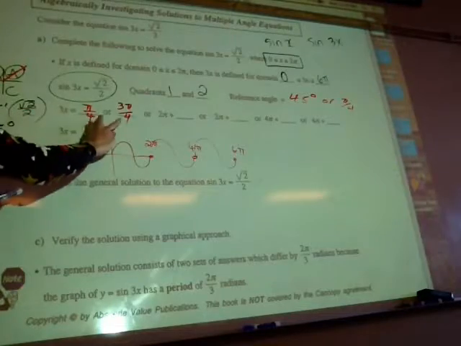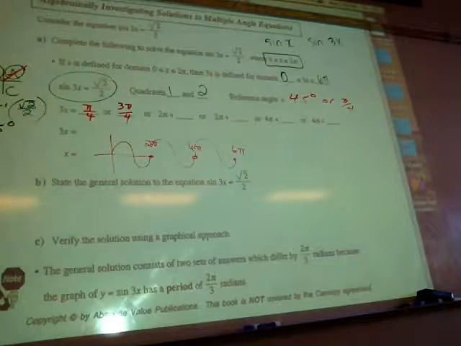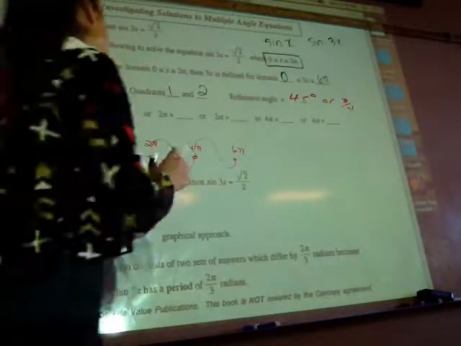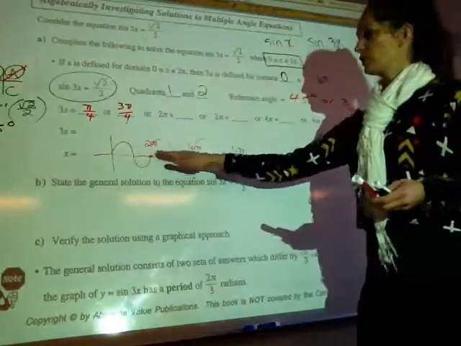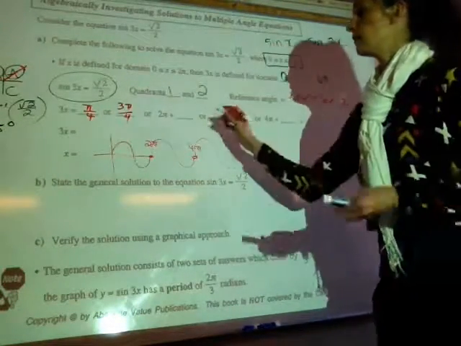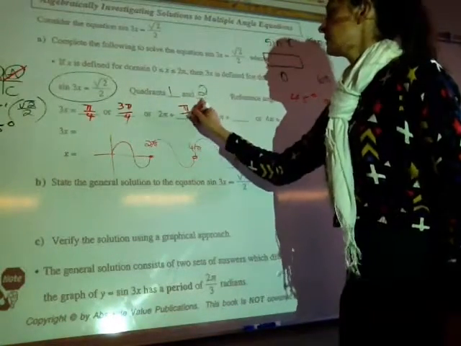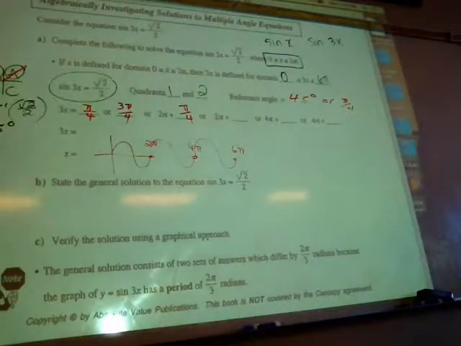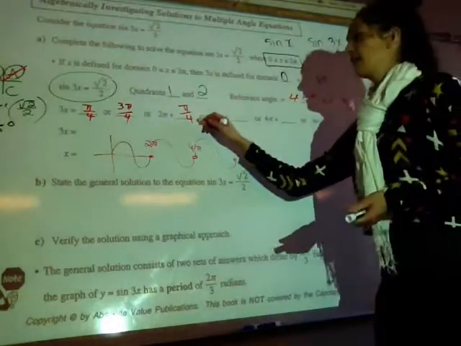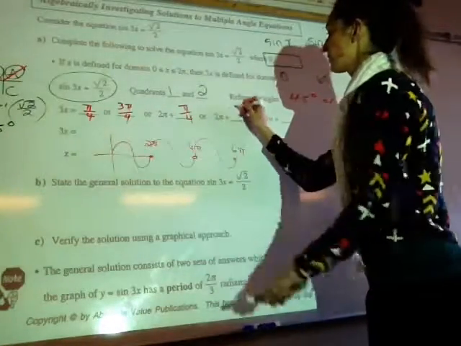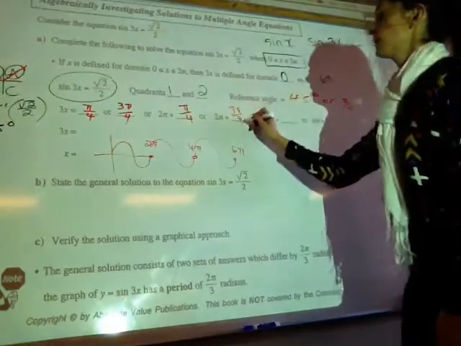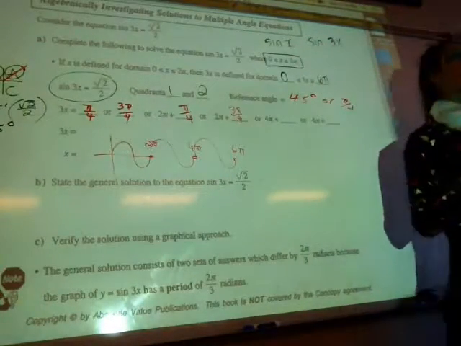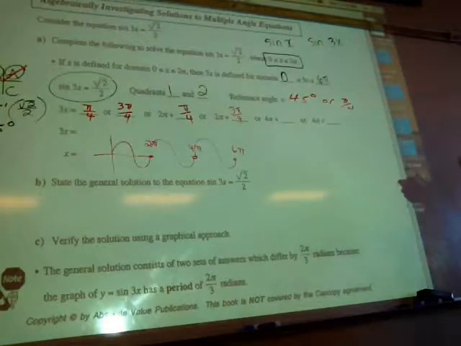If these are our base solutions, pi over 4 and 3/4 of a pi, the next set of solutions from 2 pi to 4 pi will be 2 pi plus 1/4 of a pi. It's almost like finding coterminal angles. We're just adding the period each time. And the other one within this range will be 3/4 of a pi plus 1 full rotation, or 1 full period, 2 pi.